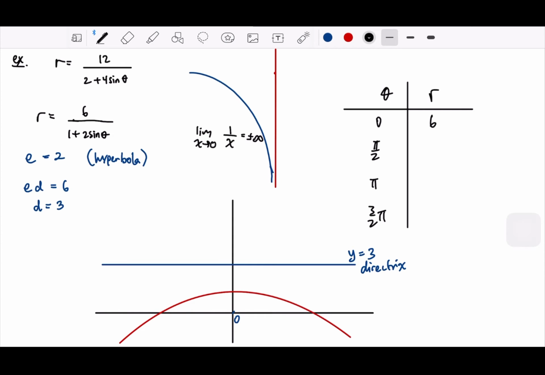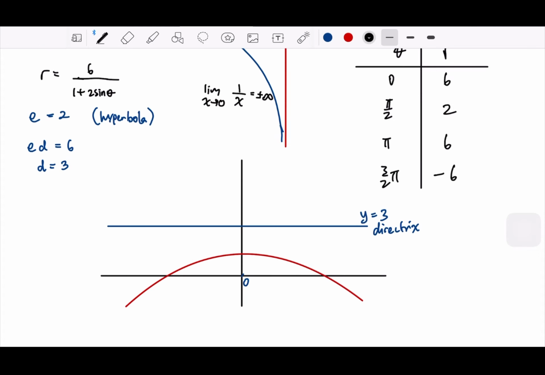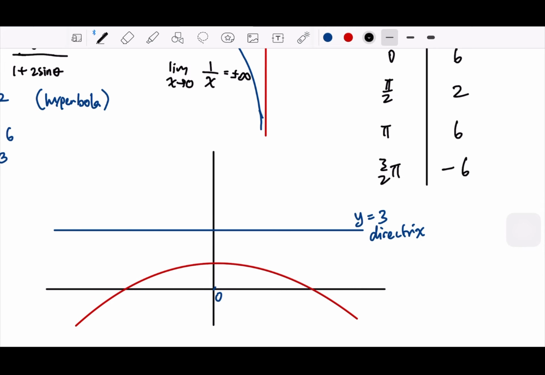This will be 6. Pi over 2 gives sine 1, so it should be 6 over 3, which is 2. Pi will be 6, it's 0. 3 over 2 pi will be negative, so we will have negative 6. So this should be 6, 0, right?